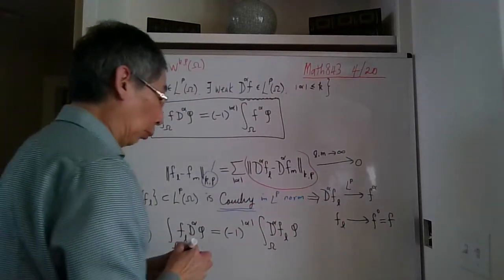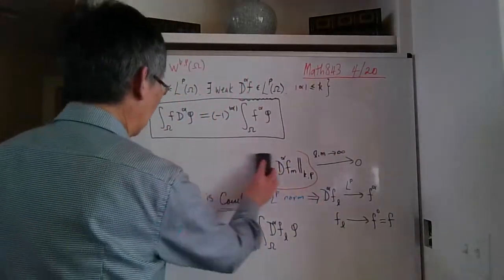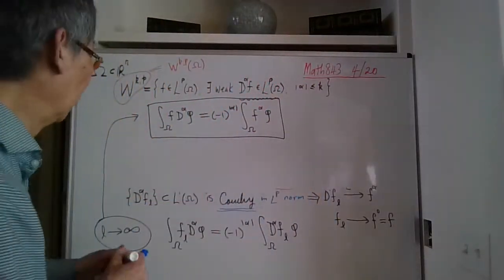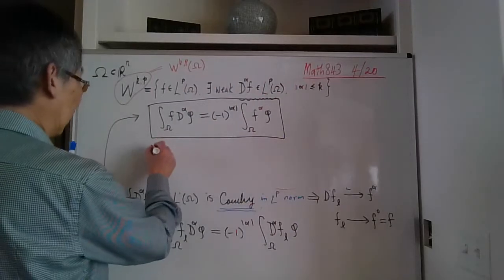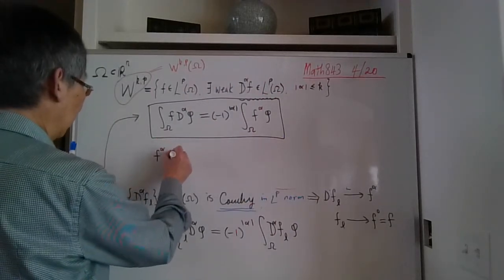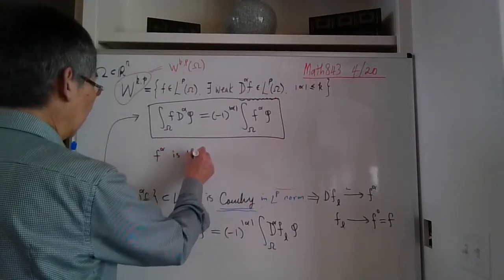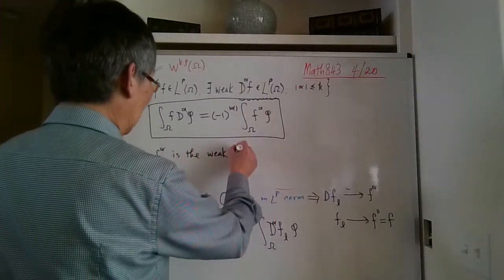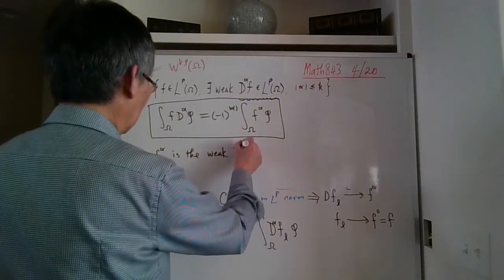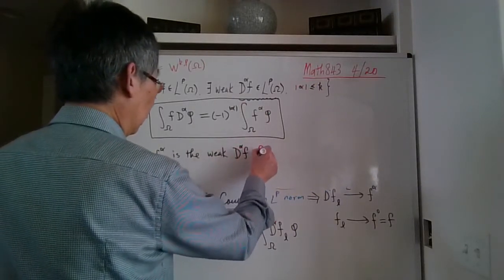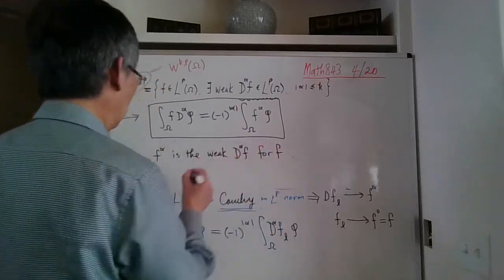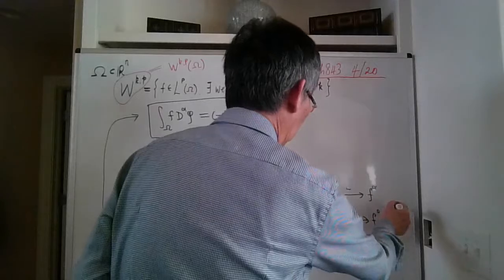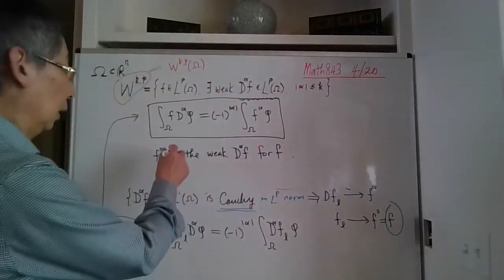And from here, you have to understand what it means. By the weak derivative definition, this simply means that F alpha is the weak derivative D alpha F. So our limit function F carries the weak derivative.